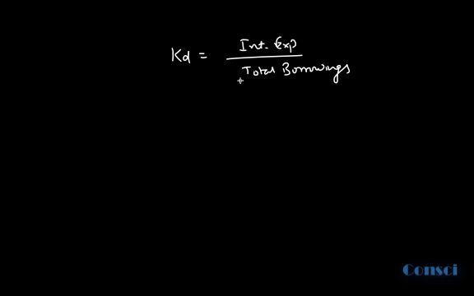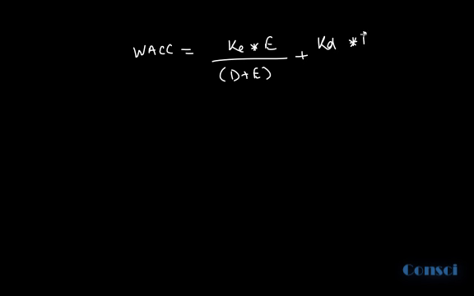Now let us look at how we calculate weighted average cost of capital. So WACC is given by KE into E divided by (debt plus equity) plus KD into D divided by (debt plus equity).